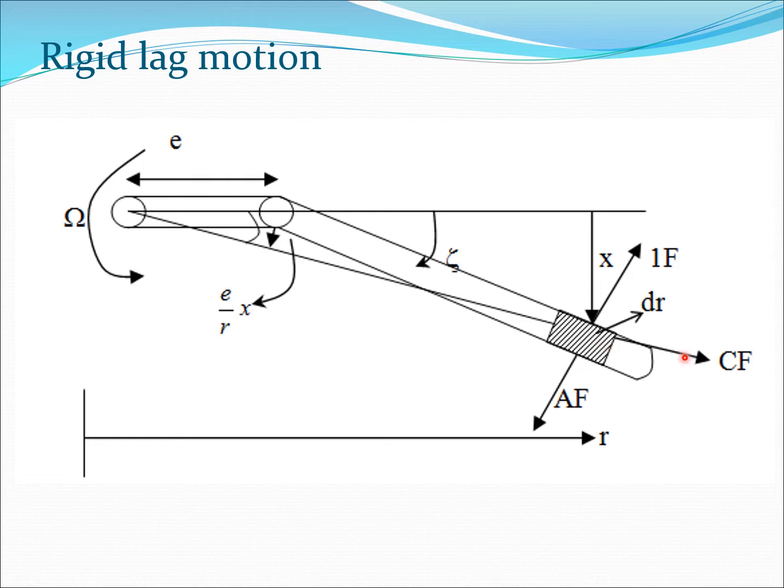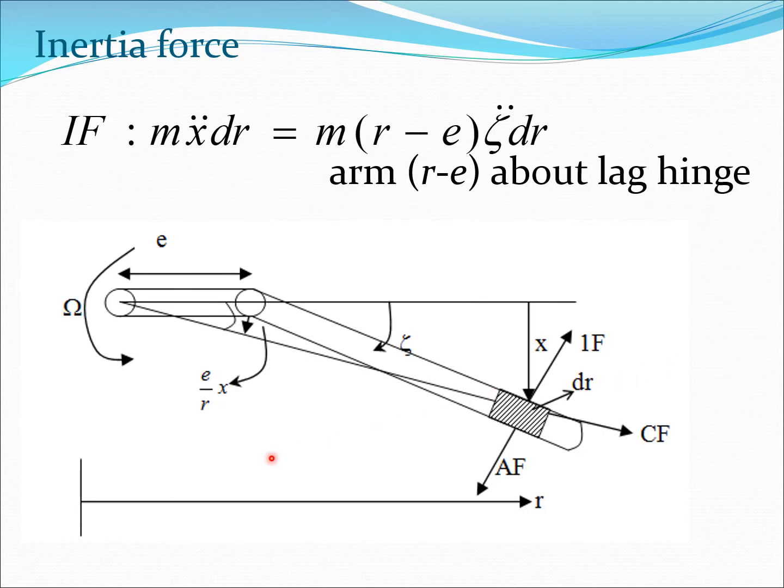They are going to be the centrifugal force, which directly has a line going from the axis of rotation, the aerodynamic force, which is in this direction, largely dominated by the drag component of the force, and then the inertia force, which is in the reverse direction to the direction x here. So let's look at each of these forces and try to get mathematical expressions for each of them.